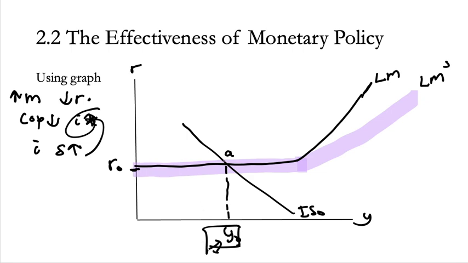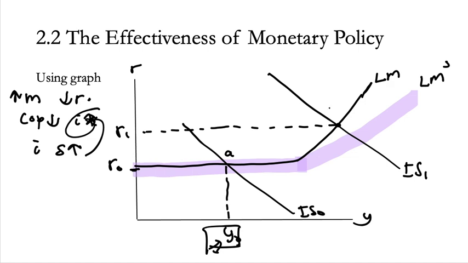But let's say the current economic situation is here with IS and with LM and IS1. Okay, and the current interest rate is here, R1, at equilibrium point B. When the government wants to have expansionary monetary policy, increasing money supply, it shifts the LM to the right from LM to LM prime here on the upsloping range.